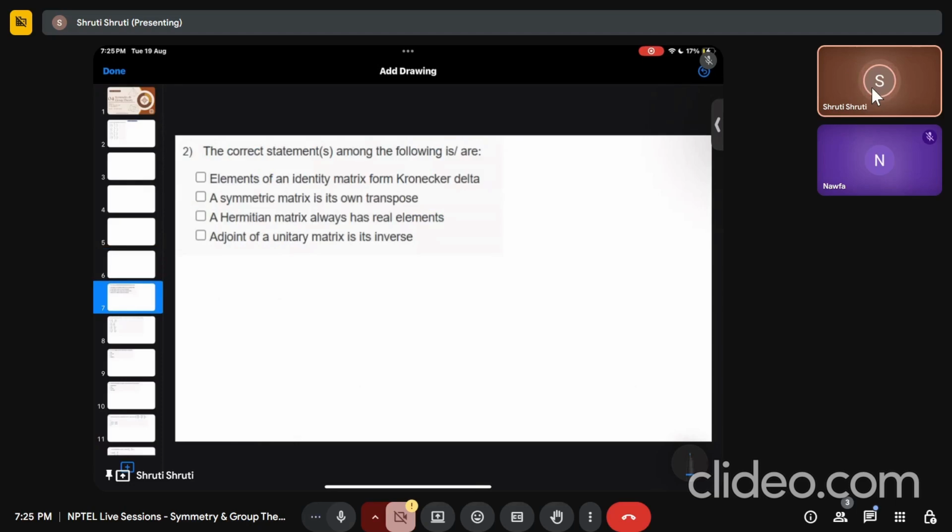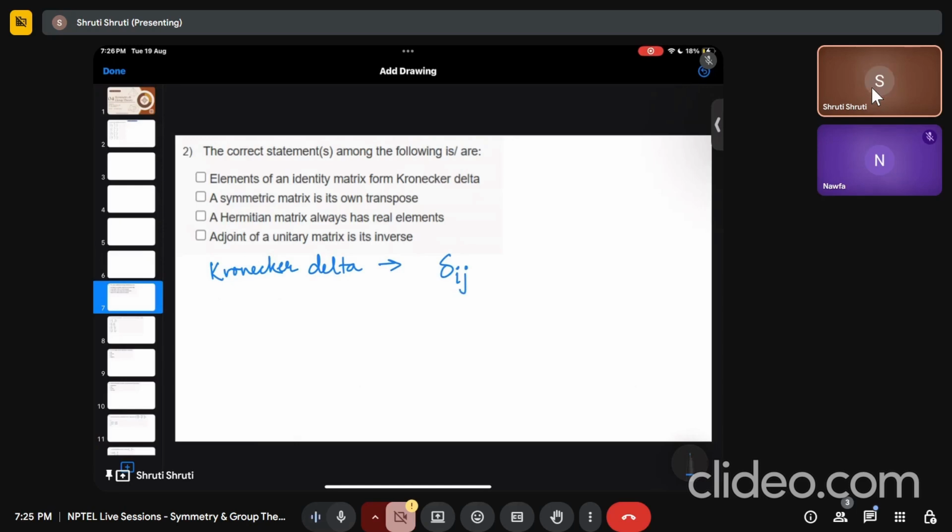The correct statements among the following are: elements of an identity matrix form the Kronecker delta. Do you know what a Kronecker delta is? No, ma'am, I don't know what that is. Kronecker delta is just a class of matrix. It is denoted by Greek letters like this with i and j.